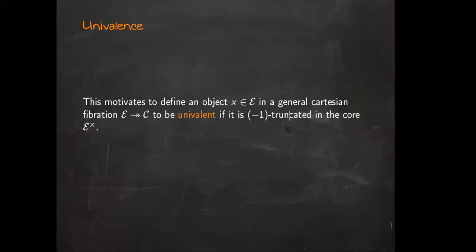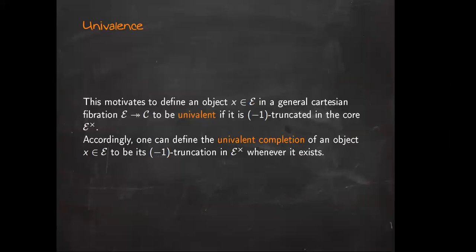This motivates the definition, for general Cartesian fibrations, to define an object to be univalent if it is -1 truncated in the core. This has nothing to do anymore with the canonical fibration. This works for every Cartesian fibration there is. And indeed, just by the definition of this, one can retrieve a few results about univalent objects as we know them for univalent maps to hold.